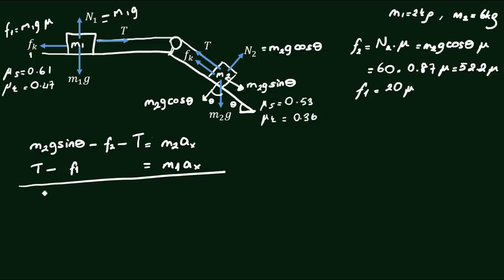Summing the two equations, we have M2G sine theta minus F2 minus F1, and the T's will cancel off, equals M1 plus M2 times A.